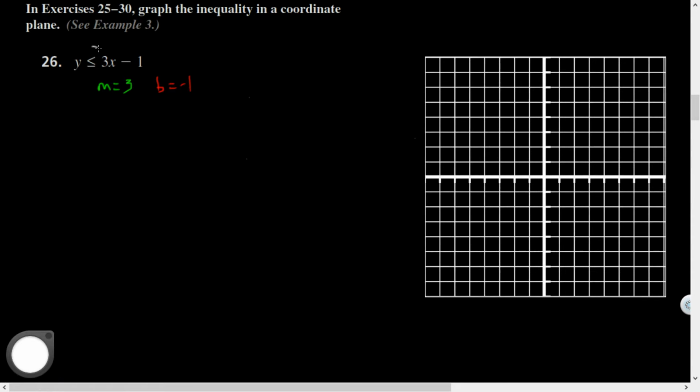This is y compared to something. y is my vertical axis, so this comparison is an above or below comparison, not a left to right comparison, which it would be if it was an x related to something. Based on this symbol, y is less than, and less than in vertical speak would be below. Because it's got the equal part there, it will be a solid line.